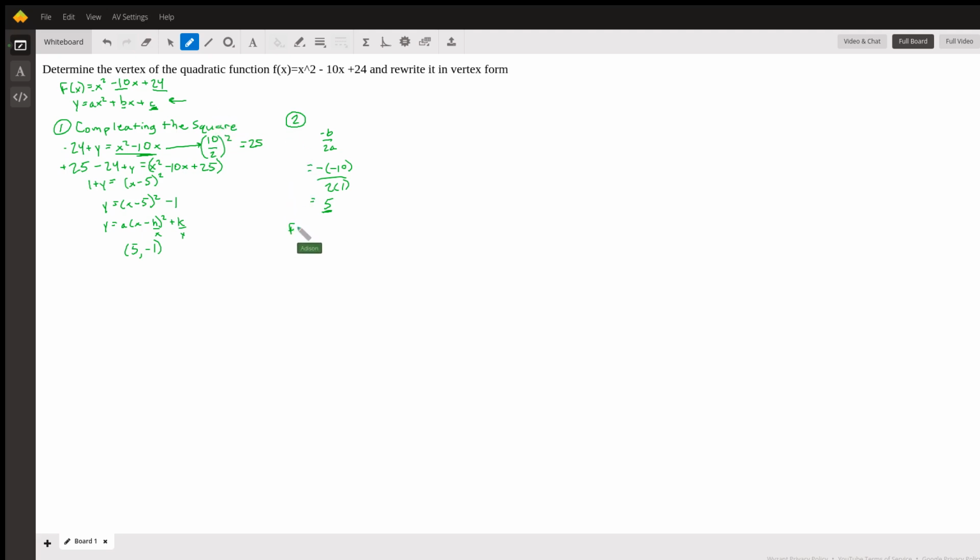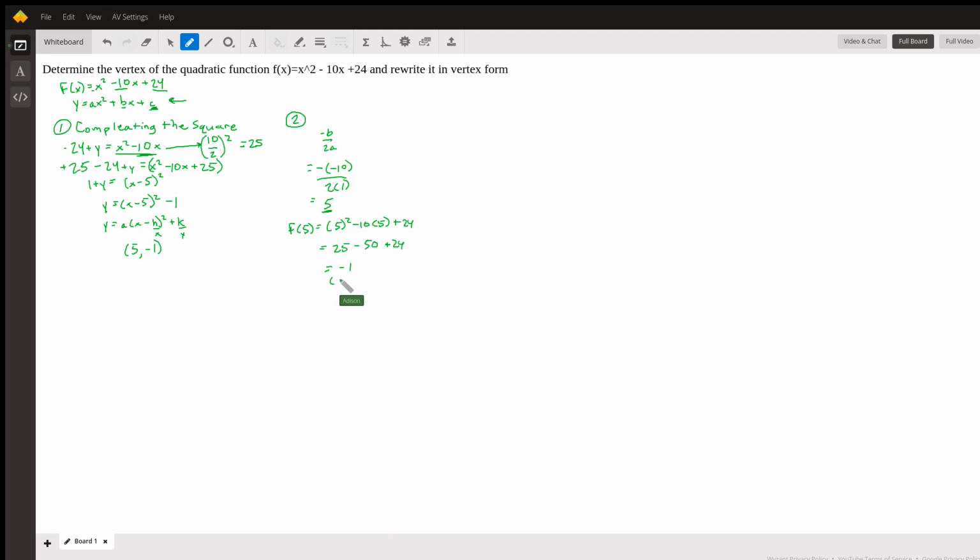So f of 5 equals 5 squared minus 10 times 5 plus 24. So we get 25 minus 50 plus 24, which is going to equal negative 1.